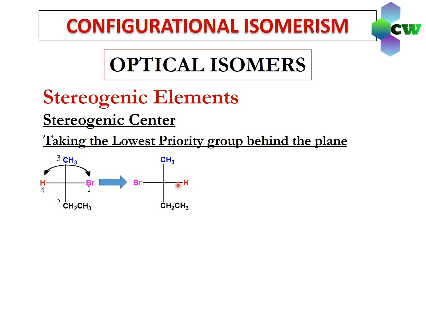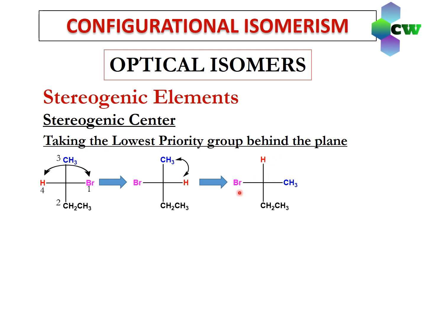You have first exchanged Br with H, CH3 and C2H5 are still in their same place, and H is still on the horizontal axis. You have to take it there. So in the second step, you exchange this H with CH3, and it looks like this. And now your lowest priority group is on the vertical axis, or it is behind the plane.